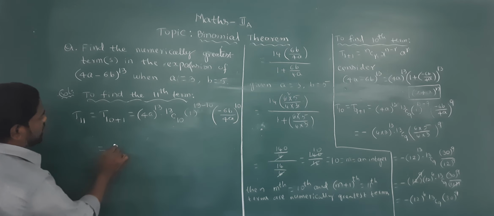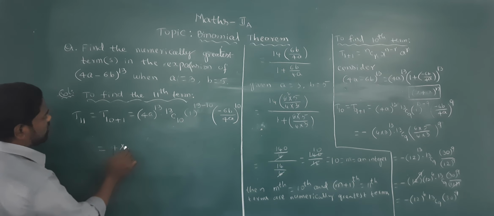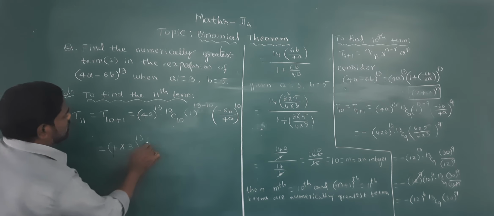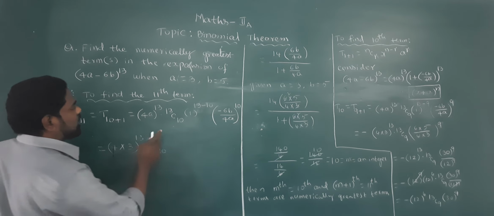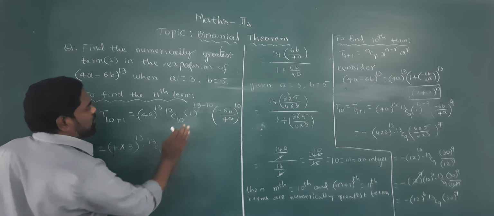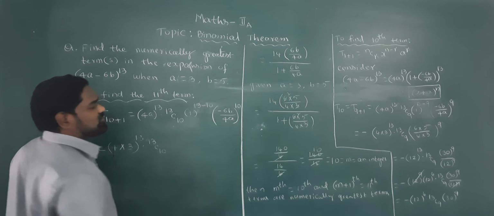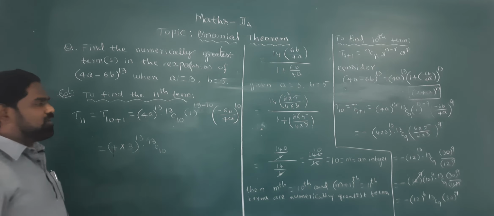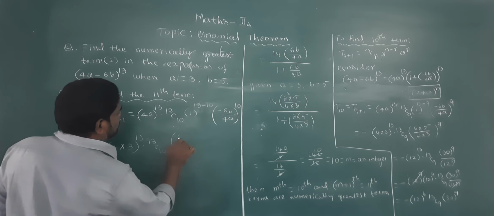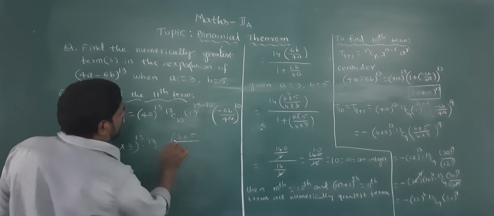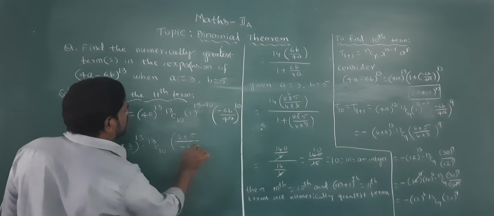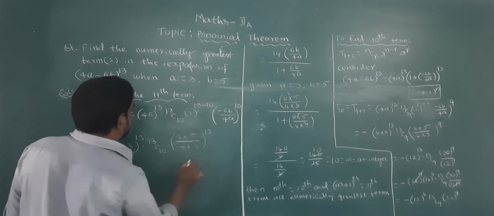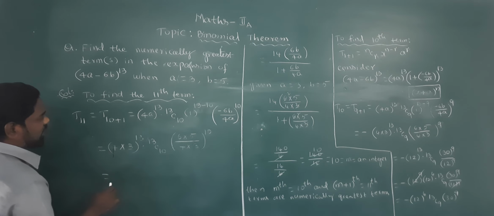This can be taken as 4 into a value 3 power 13, 13C10, a power n minus r, 13 minus 10. It has a minus sign, but it has an even power, so take positive only. 6 into b value 5, a value 3, whole power 10.